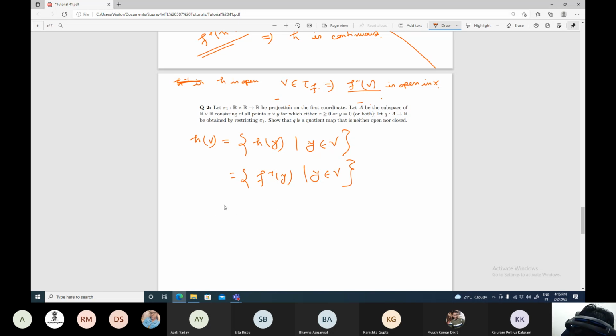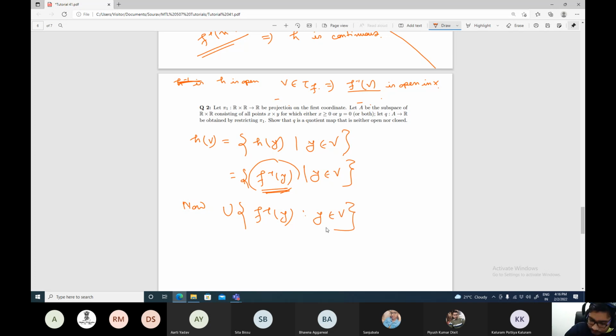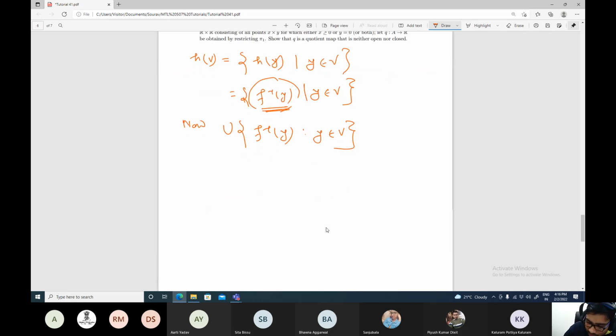This is actually, right, to put this one now, union of F inverse of Y, this one. So this is actually now a set. We have a collection, these are a collection. Now if we take the union of all this, Y belongs to V, what will it be? It will be nothing but elements.